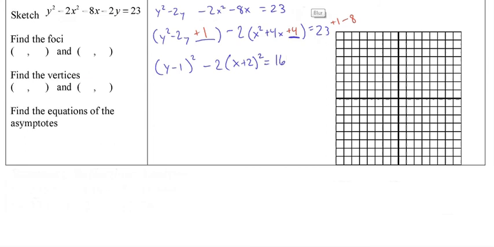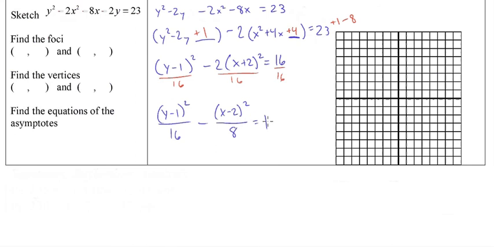Now we know that we want it equal to 1, so we're going to divide everything by 16, and that gives us y minus 1 squared over 16 minus, and what's 2 divided by 16? Well, that's going to be 1/8, so x plus 2 squared over 8 equals 1.